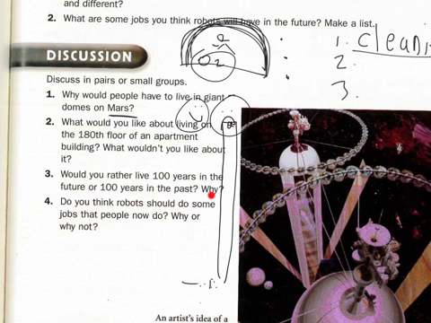Wow, that's a great question. That would make an excellent essay question or quiz question. Think about this. What would your answer be? Be prepared to discuss it. Do you think robots should do some jobs that people do now? Uh-oh. If robots do the jobs, what will the people do for money?